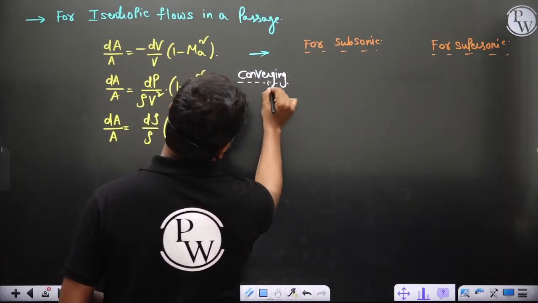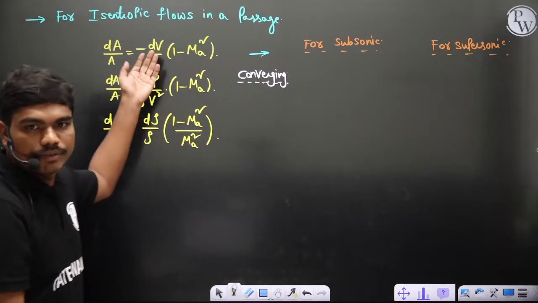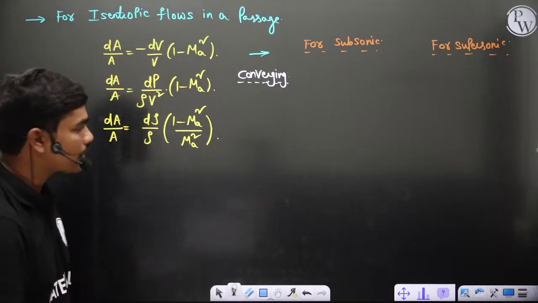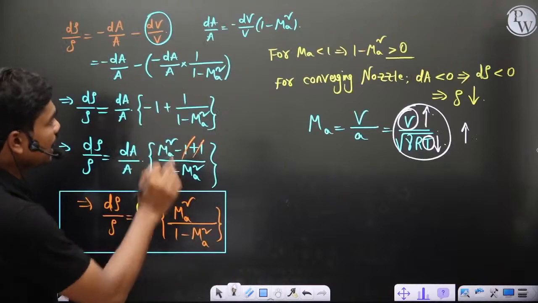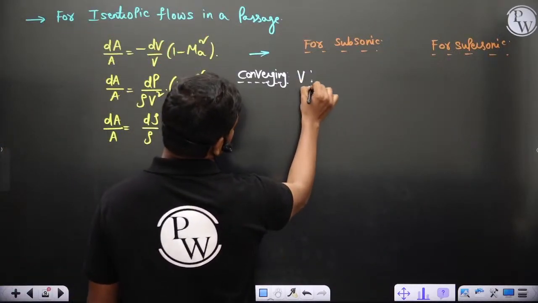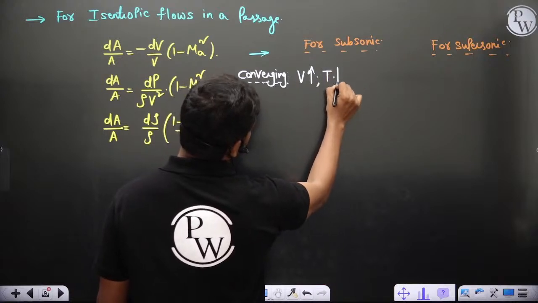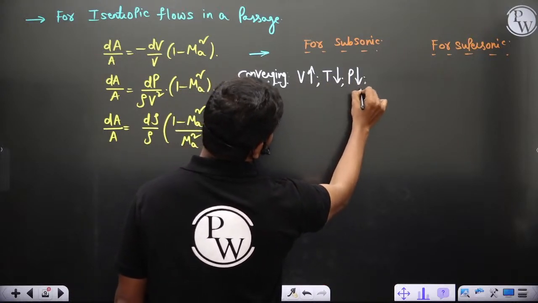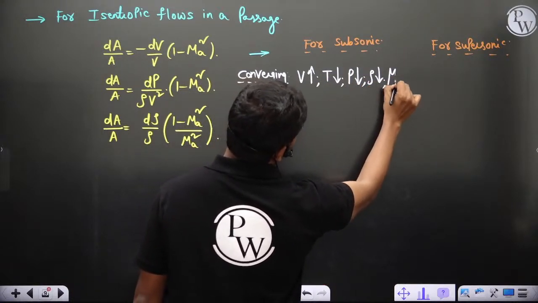This table I'm giving you, you need not mug up, because of these equations you can simply analyze this. For subsonic flows in a converging nozzle, velocity increases, temperature decreases, pressure decreases, density decreases, and Mach number increases.